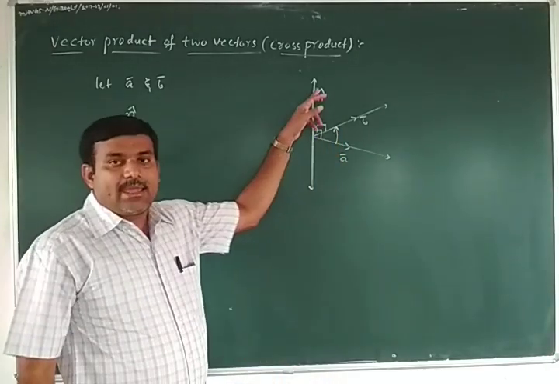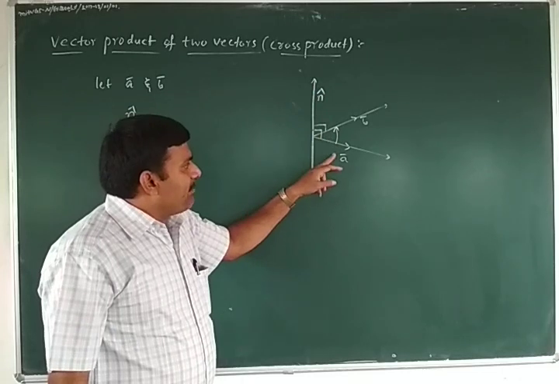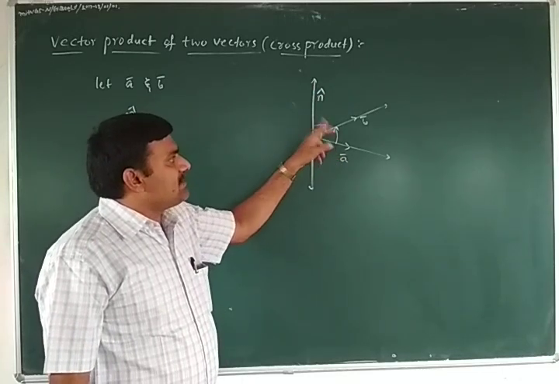So here n cap is a unit vector perpendicular to A bar as well as B bar.